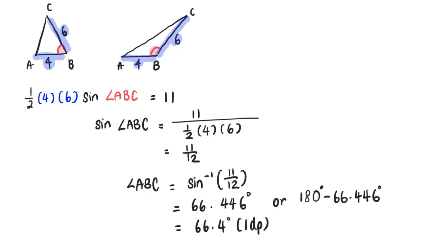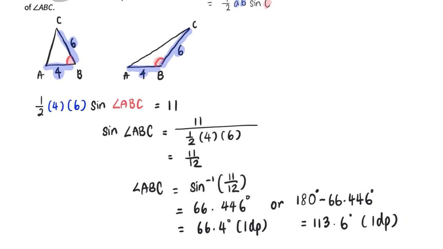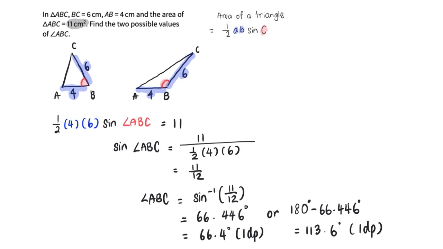And the other, 113.6 degrees to 1 dp. And these are the two possible answers in this question. So we must be careful when we deal with sine ratio. And we are done with this question, and let's move on to the next question.